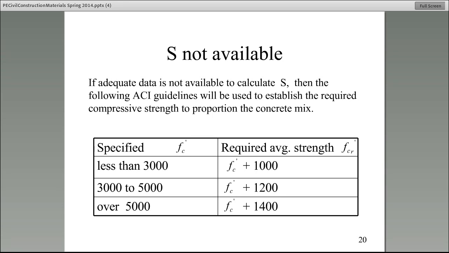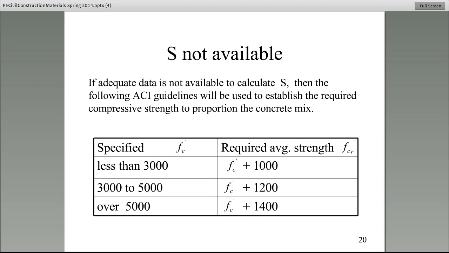Let's say your company is in Kansas City and you're designing something in some remote area. What happens there is, ACI says, if you have no idea what their standard deviation is, well, then this is what you use.